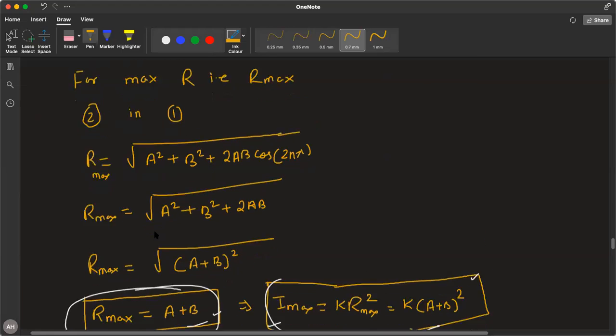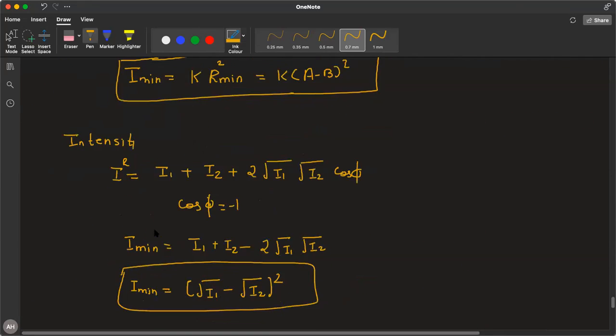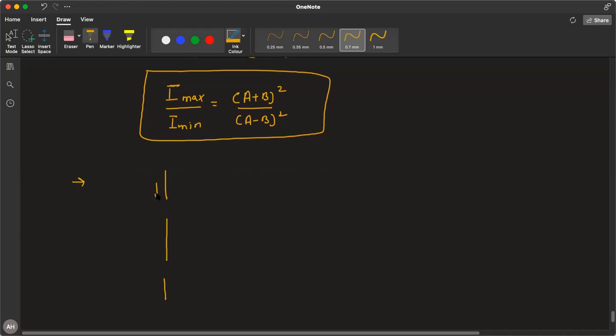So in some questions, the width of slit may be given. You can write the width of first slit as W1 and width of second slit as W2. So the ratio of widths of slits is equal to the ratio of intensity of light coming from these two slits. I1 is K a square, and I2 is K b square.